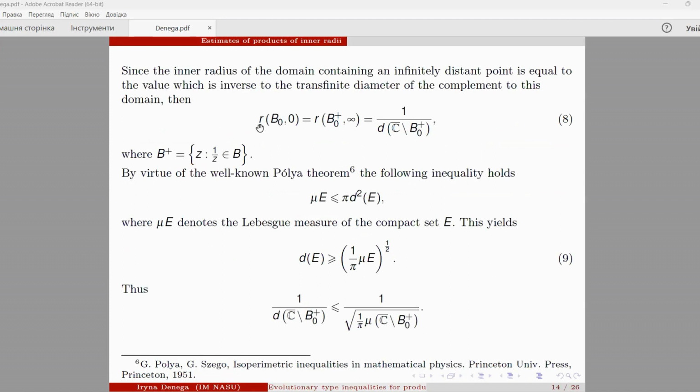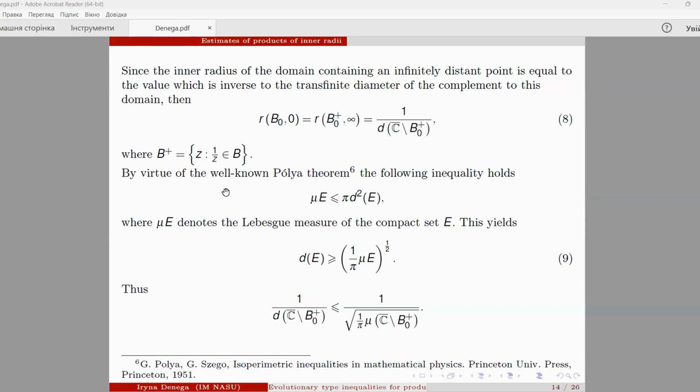Then r(B_0, 0) equals r(B_0^+, infinity) equals 1 divided by d(C bar minus B_0^+), where domain B^+ is the domain of the mapping 1 over z.